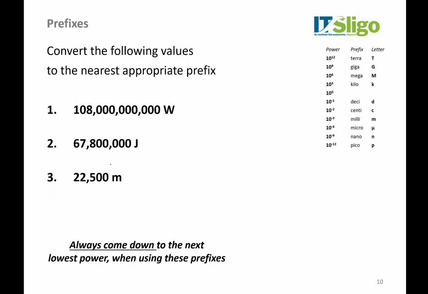And finally, 22,500 meters. You can do some of these in your head. We'll just go, okay, that's 2.25 by 10 to the power of 4. We want to drop down to the next available power, which is 10 to the power of 3.